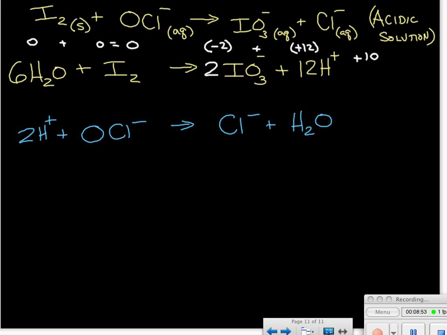We'll have negative 10 on the left and positive 10 on the right, and that's not balanced at all. So the only way to get this to balance is to add the electrons to the side that's more positive. And obviously here that right-hand side is more positive. So we'll end up adding those 10 electrons to this other side.